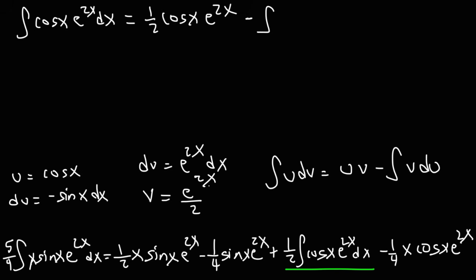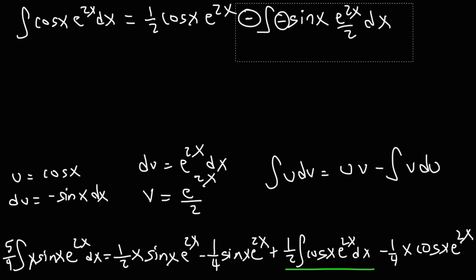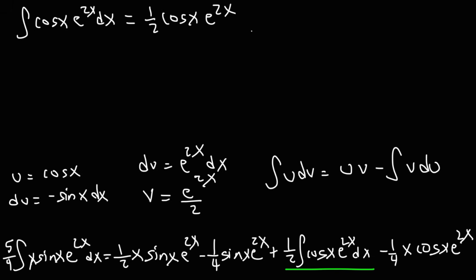So this is v, this is du. That's going to be negative sine x e to the 2x over 2 dx. So the two negative signs will cancel. That's going to be positive, and we can move the 1/2 to the front. So this becomes plus 1/2 the integral of sine x e to the 2x dx.